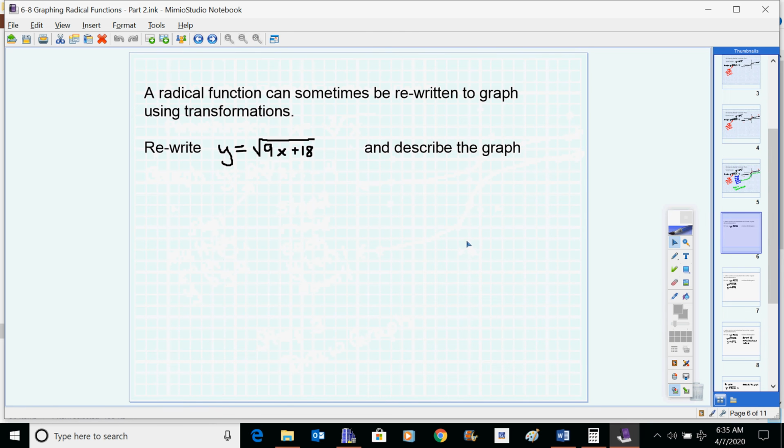So another thing that you can do is that if you have a radical function, you can actually rewrite it. Look for some hidden ways to simplify this first. I mean, this looks as if it's something that you can't really just take anything out of, but keep in mind that you can always look to see if anything has a GCF, and that can help you.